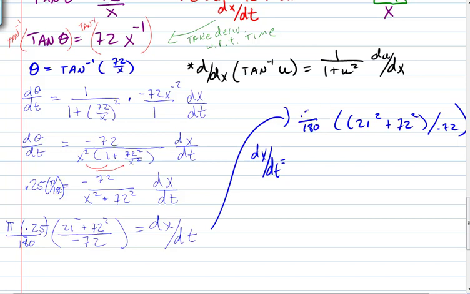Negative 0.34. This is feet per minute. But if we change the feet to inches, we multiply by 12. And we get dx dt is equal to negative 4 inches per minute. Right? Convert feet to inches.